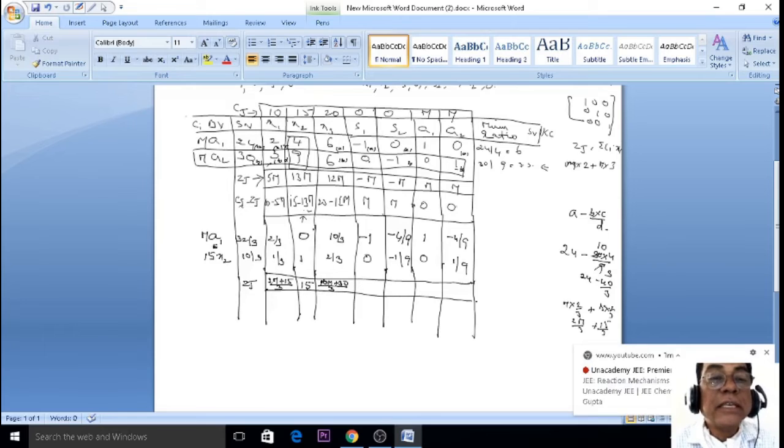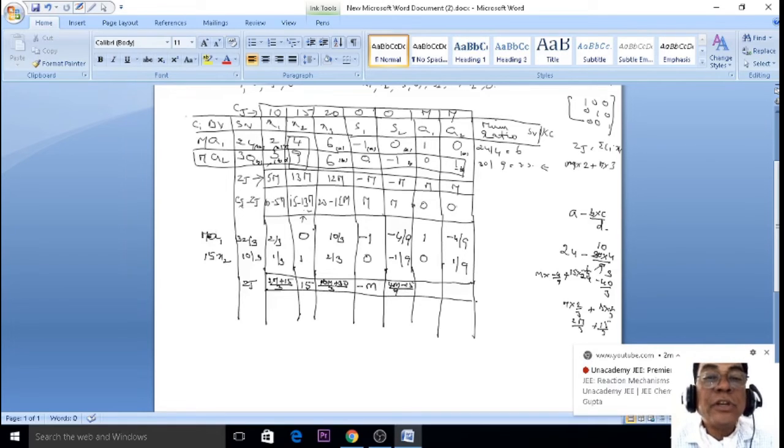Next, M into minus 1 plus 15 into minus M, like this. M into minus 4 by 9 plus 15 into minus 1 by 9. Simplified, you will get 4M minus 15 by 9.